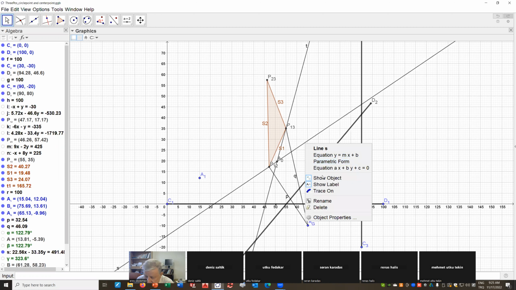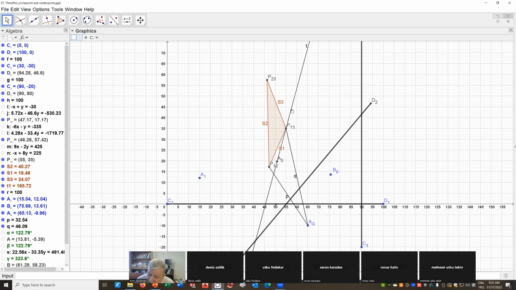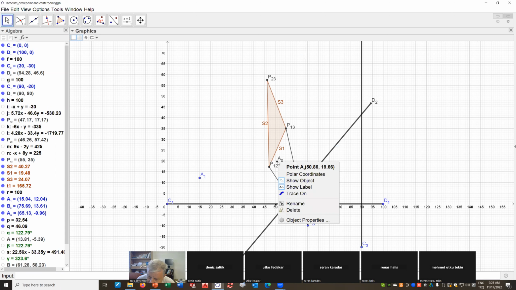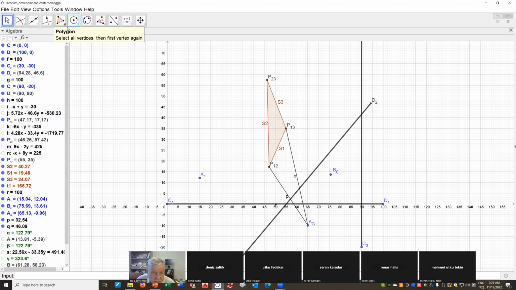Now, let me hide these lines and also hide A0. Let me determine A1. I have AG. Take the image of AG with respect to side 2 and 3.